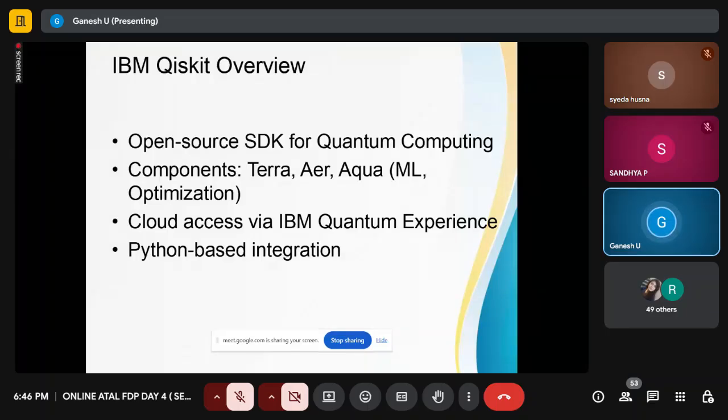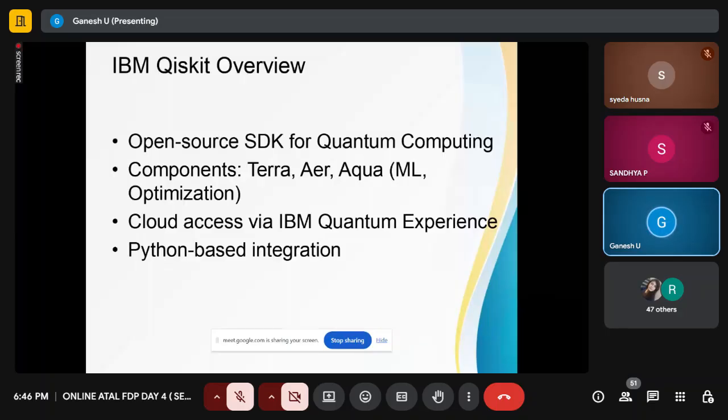Mainly these three that I mentioned here have more advantages. This architecture has since evolved to be more modular. Specifically, Aqua has been deprecated. Why has Aqua been deprecated? I will tell you. Its functionalities for machine learning and optimization have been migrated into dedicated packages.